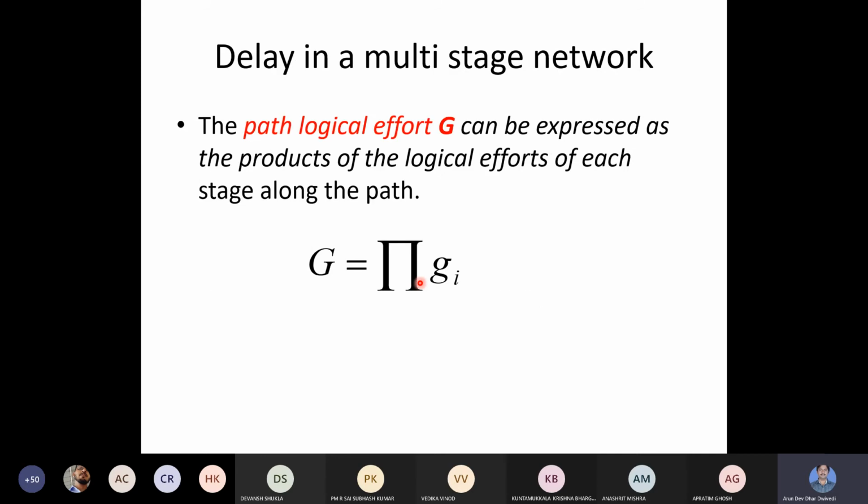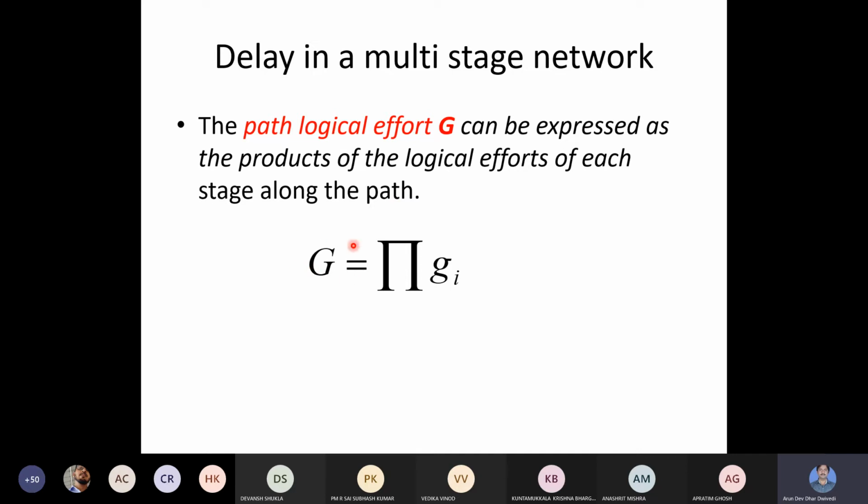So we can quickly analyze one by one. Path delay in multiple stages, if we are considering various multiple stages. The path logical effort G can be expressed as a product of the logical effort of each stage along the path.